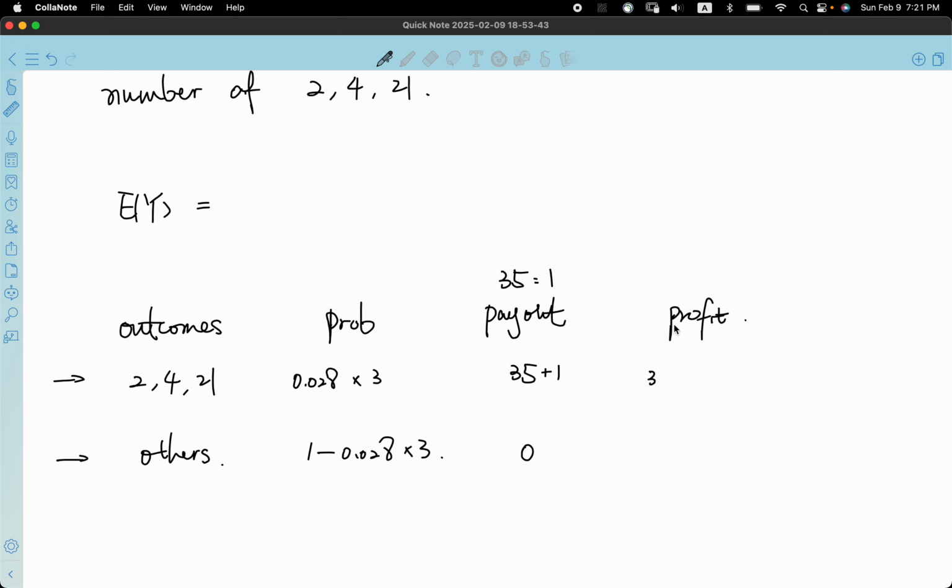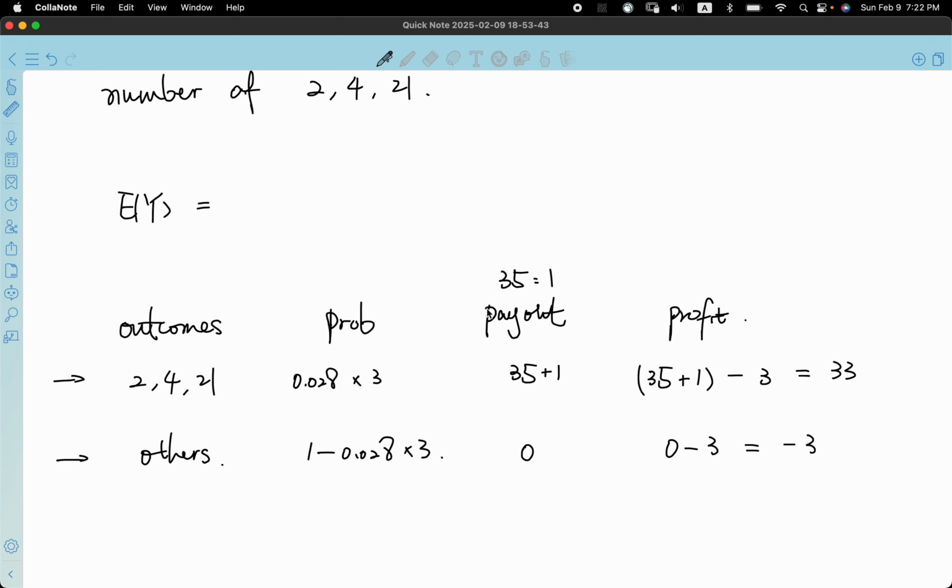For the profit, we need to use the payout minus the cost of entry, because we place $1 for each of the three numbers. So our cost of entry is equal to 3, and that means the profit is equal to 33 in the end. For all the other numbers, we will get $0 back, but we will lose the cost of entry, so our profit is negative 3.